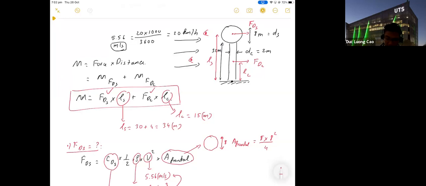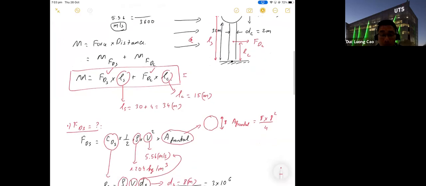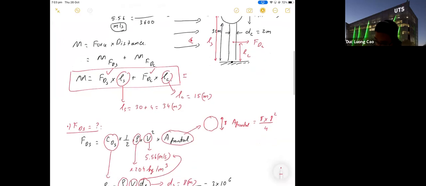So from this, you will have the moment, the result is 13300 Newton meter.